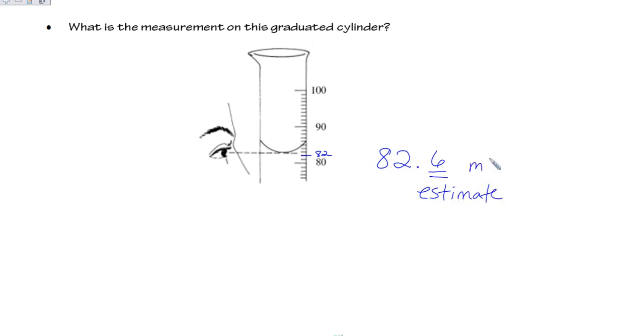And then I would put a unit, milliliters. Now, let's say you were working on some homework problem or something like that, and your buddy said, ooh, but I wrote down 82.7. That's fine. As long as you have that proper estimate in the tenths place, and it's reasonable, that's fine. I promise I won't mark your estimate wrong.